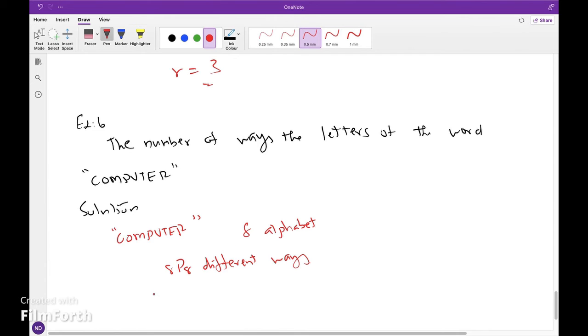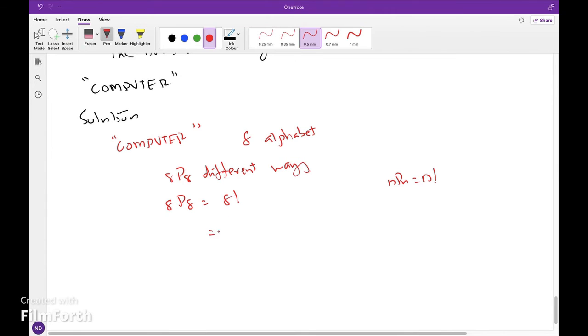So 8P8 equal to 8 factorial, that is nPn equal to n factorial. So 8 factorial, 8 into 7 into 6 into 5 into 4 into 3 into 2 into 1. So by calculator, 40320.